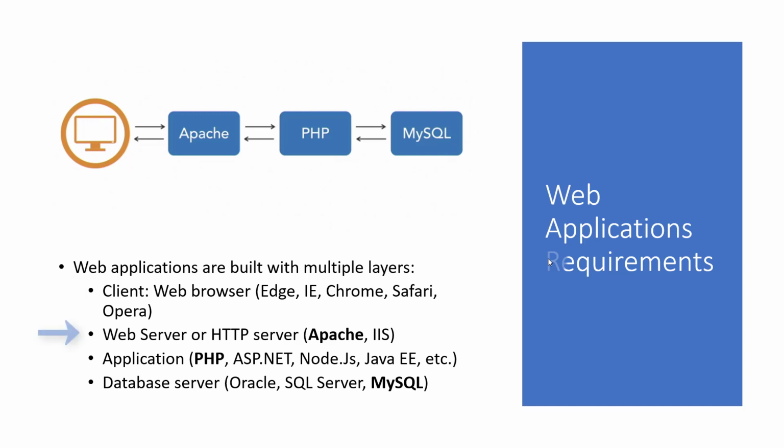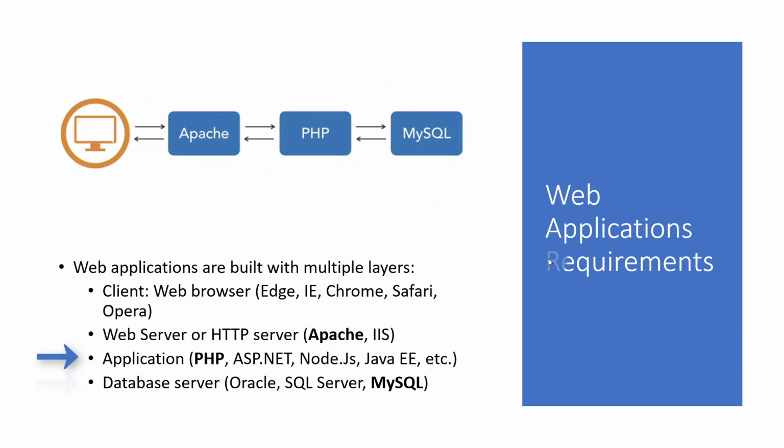Then you need what is called a web server or HTTP server. Now, HTTP server is just something like Apache or IIS, which is, as the name implies, a server that helps you to serve pages. Now, you also need an application, a programming application like PHP, ASP.NET, Node.js, on and on. But we'll be using PHP for this session.